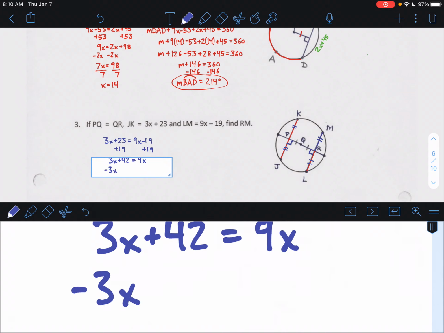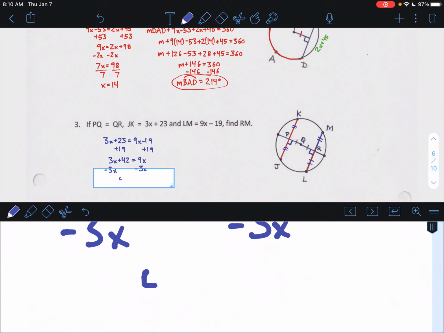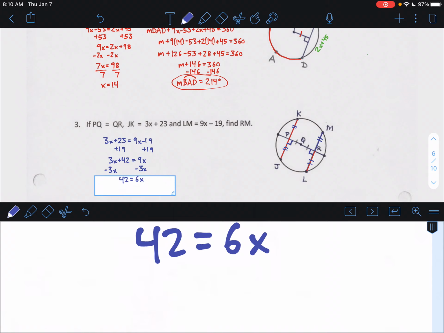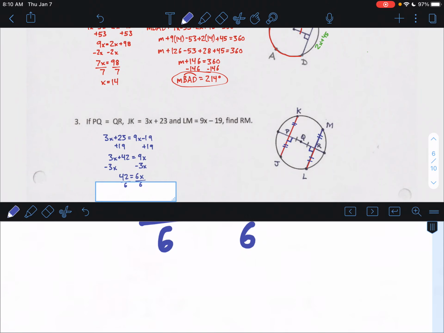Then I'm going to subtract 3x from both sides, so I have 42 equals 6x. If I divide both sides by 6, I get 7 equals x. But we didn't want to solve for x, we wanted to solve for RM, but we do need x to be able to do that.